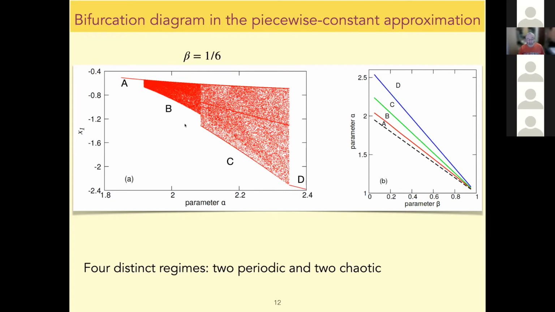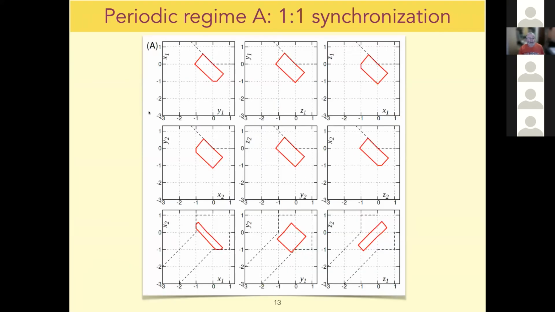I will illustrate these trajectories with projections on the planes. So here, for example, is a periodic orbit in regime A. You see different projections.